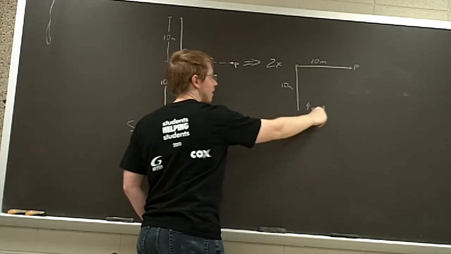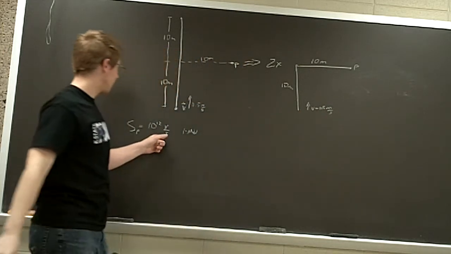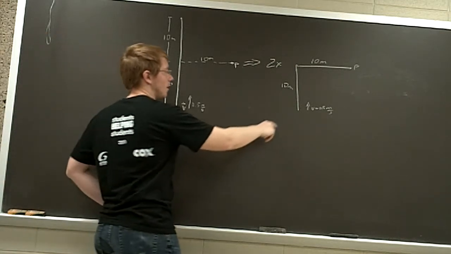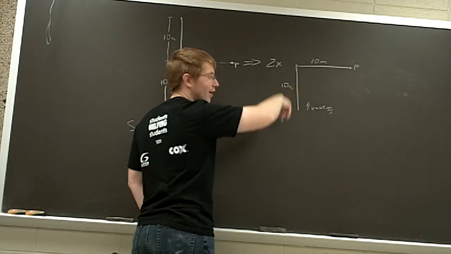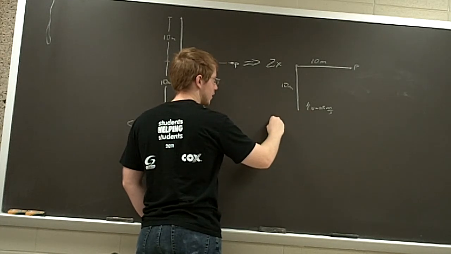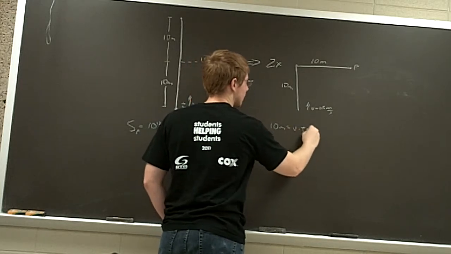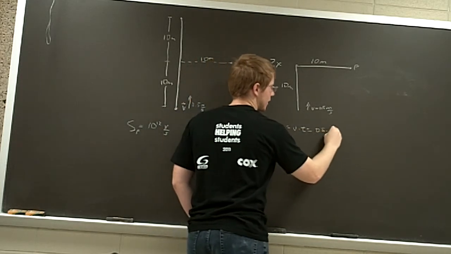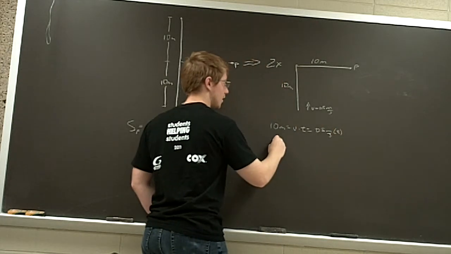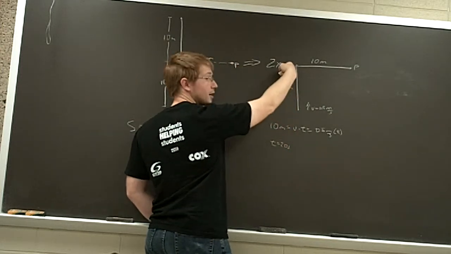He's traveling at 0.5 meters per second, and he's emitting at this rate. So we need to find how many photons are emitted along this line. 10 meters equals velocity times time, 0.5 meters per second times time. That means this is going to take 20 seconds to get from here to here.